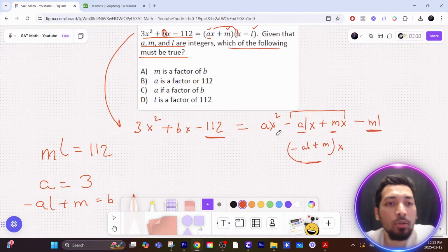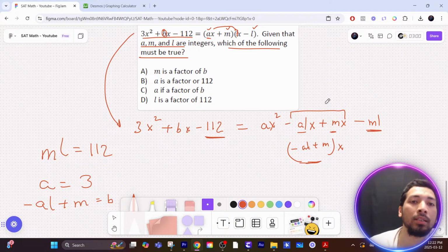Now let's try to compare each of these options. It says m is a factor of b. We don't see that. We can see that m is a factor of 112 because m times l is equal to 112. So m is equal to 112 divided by l, or l is equal to 112 divided by m. We know that m and l are integers.